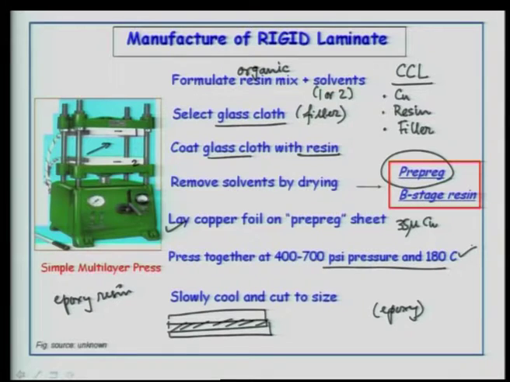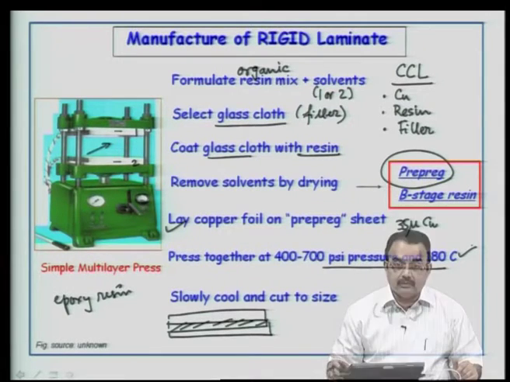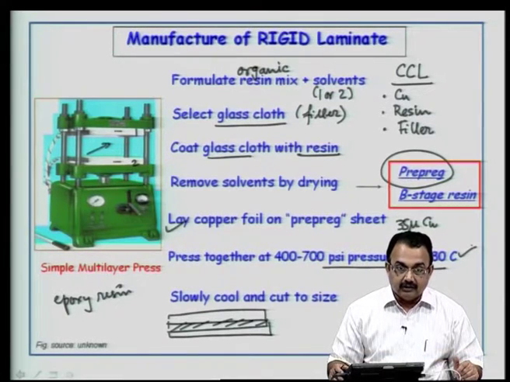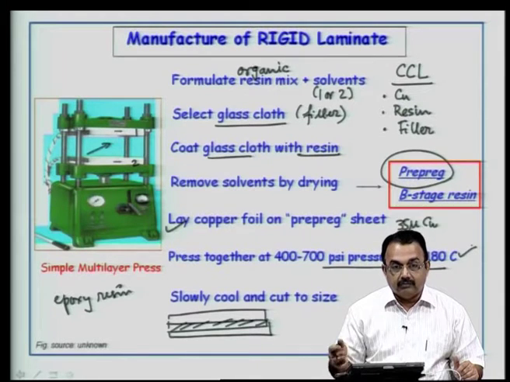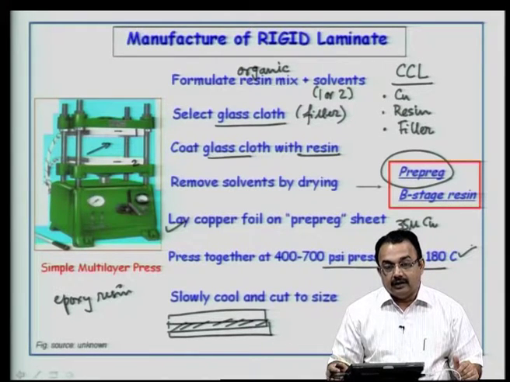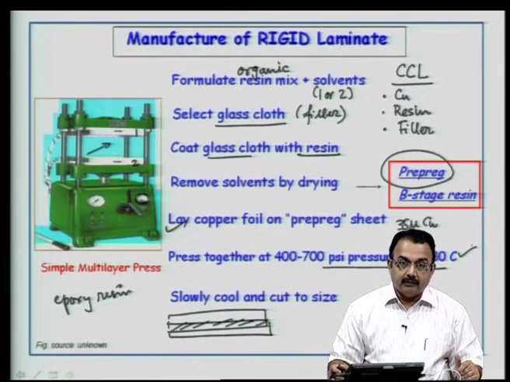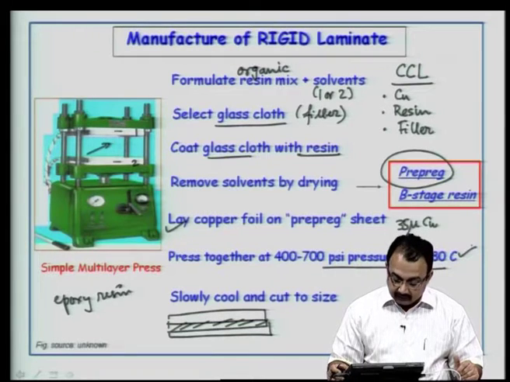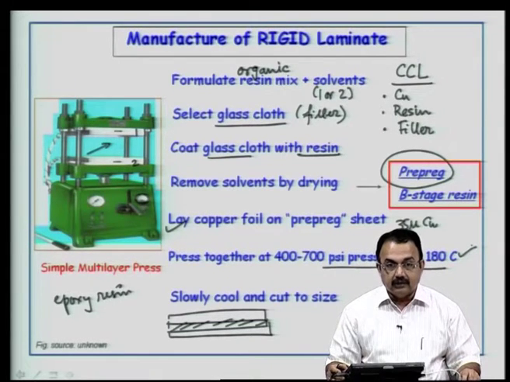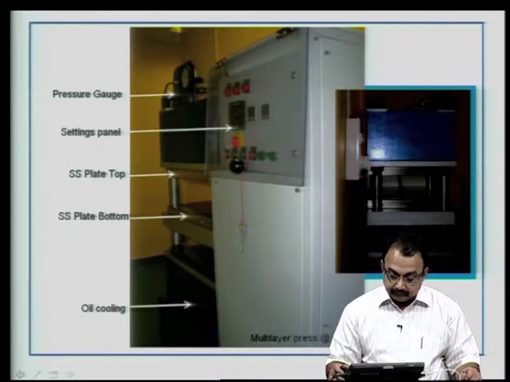You can't ramp up the temperature quickly to the required final temperature and remove it out of the multilayer press, giving it a thermal shock. So, this will affect the physical properties of the copper clad laminate. Finally, it is cut to size depending upon the market requirement.